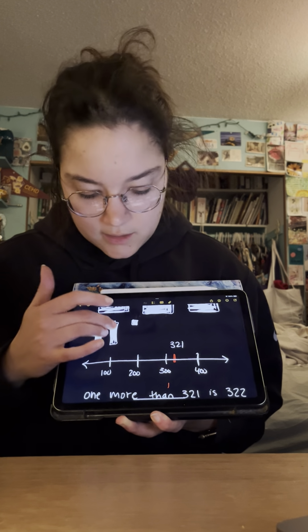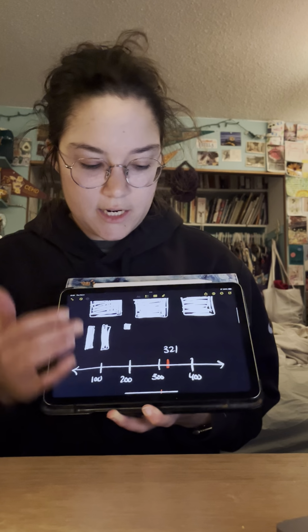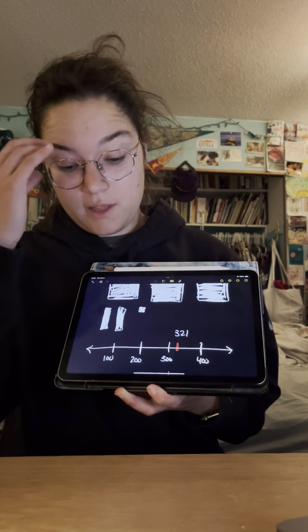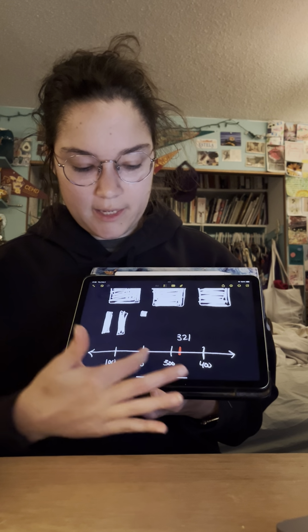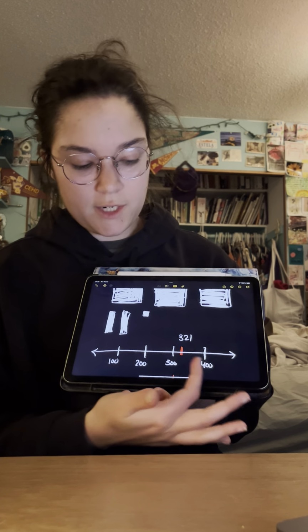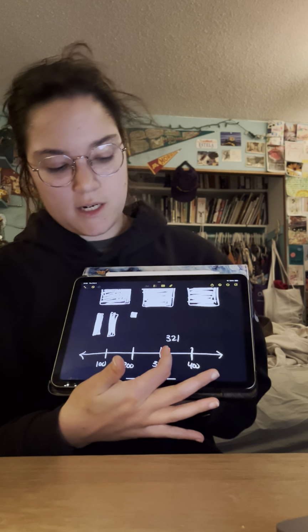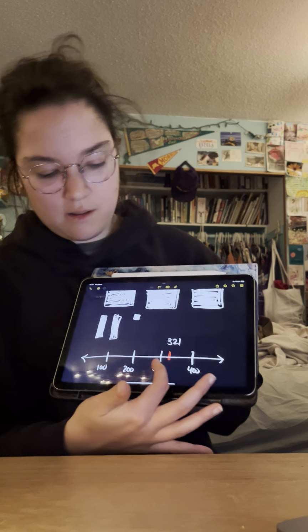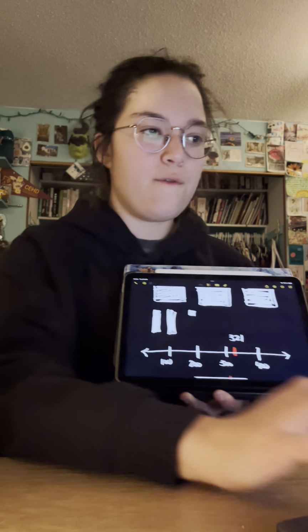Okay, next. Here is 321 on a number line with the reference numbers being placed by 100. So 100, 200, 300, 400, and 321 is a little bit less than halfway in between 300 and 400.